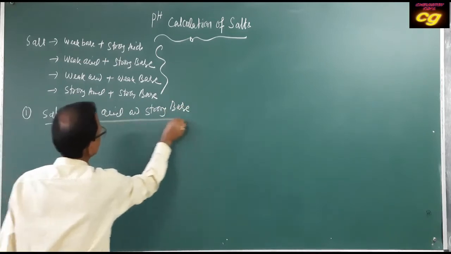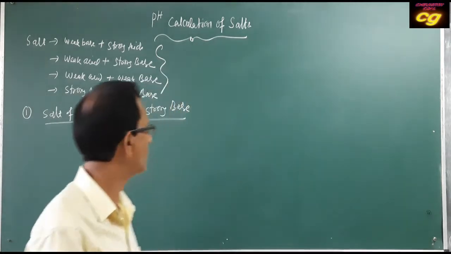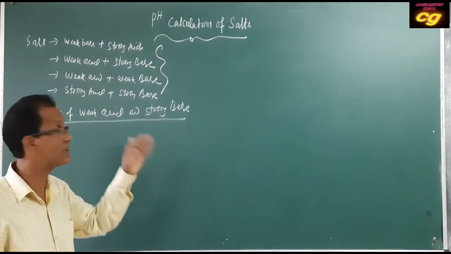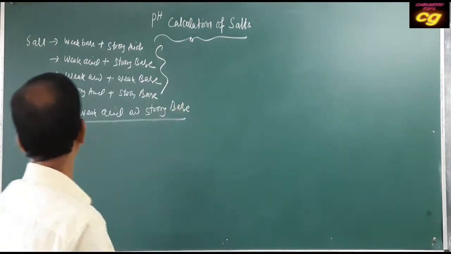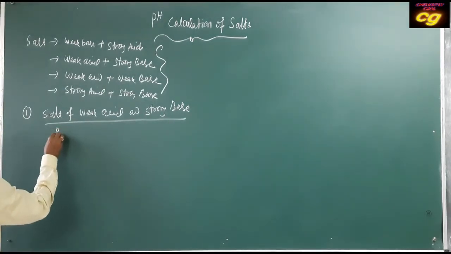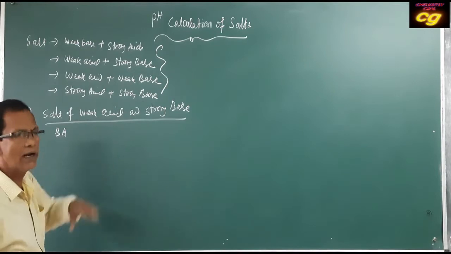If the pH value calculation is understood clearly, then in the same way you can calculate the pH value of other salts. Let the salt be BA. It is a salt produced from weak acid and strong base.